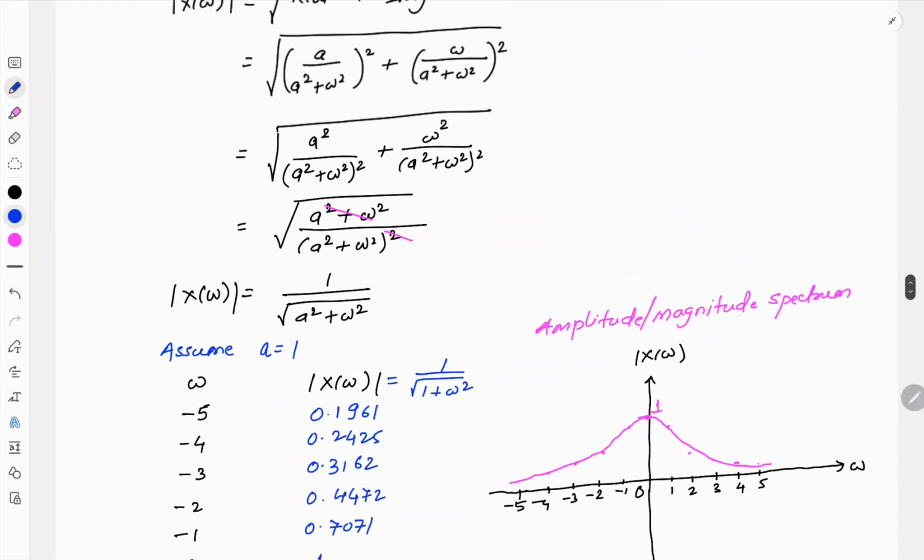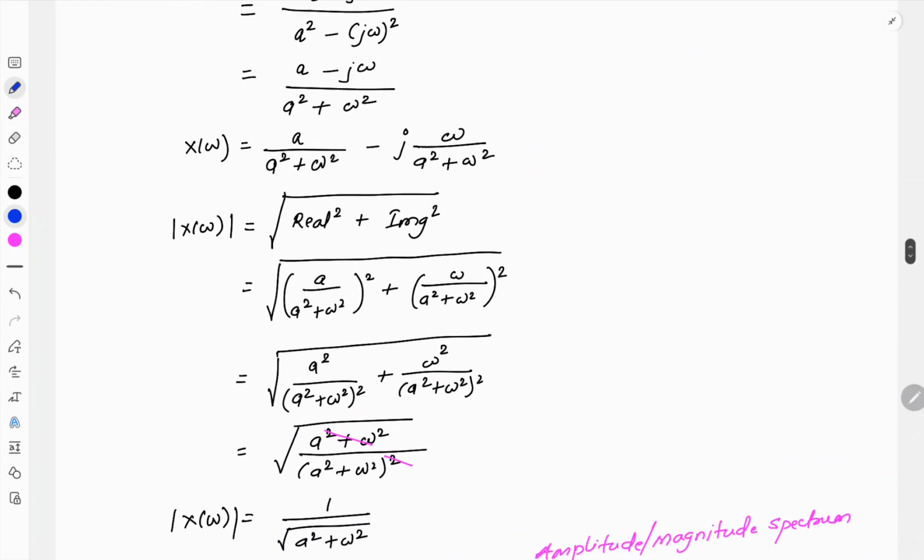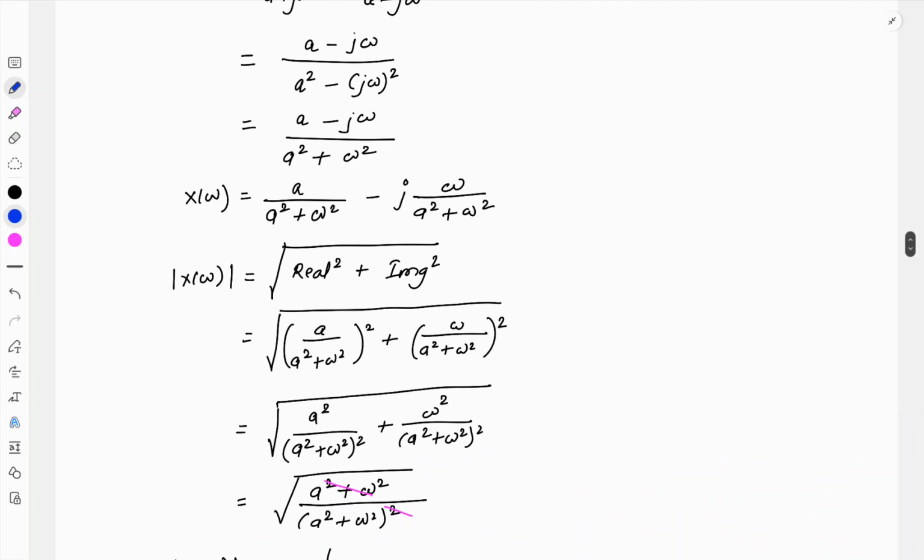So from above equation we have simplified the X of omega, and we know that the real part and imaginary part are given by this equation. So real part is a upon a square plus omega square, and imaginary part is minus j omega upon a square plus omega square.